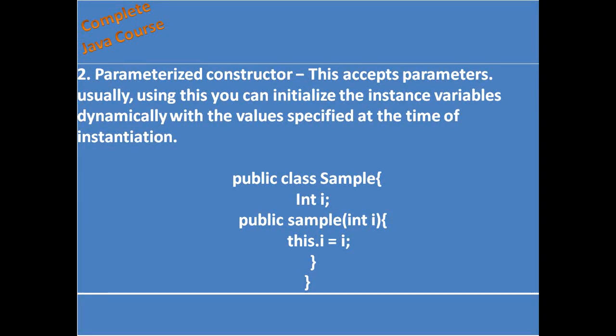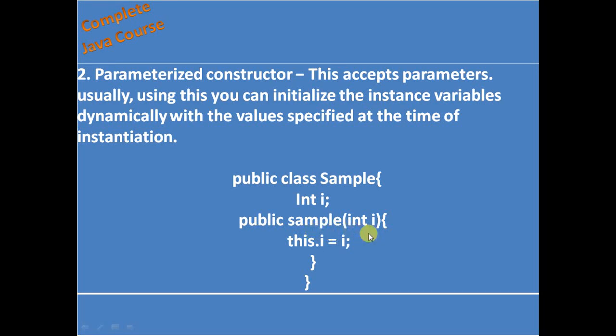Now number two is the parameterized constructor. A parameterized constructor accepts parameters. Usually using this you can initialize the instance variables dynamically with the values specified at the time of instantiation. So here we create a Sample class, define a field i, and we define a parameterized constructor.